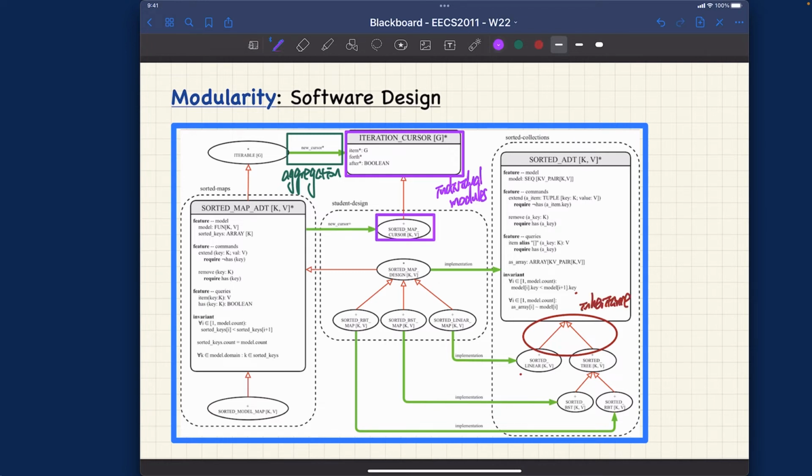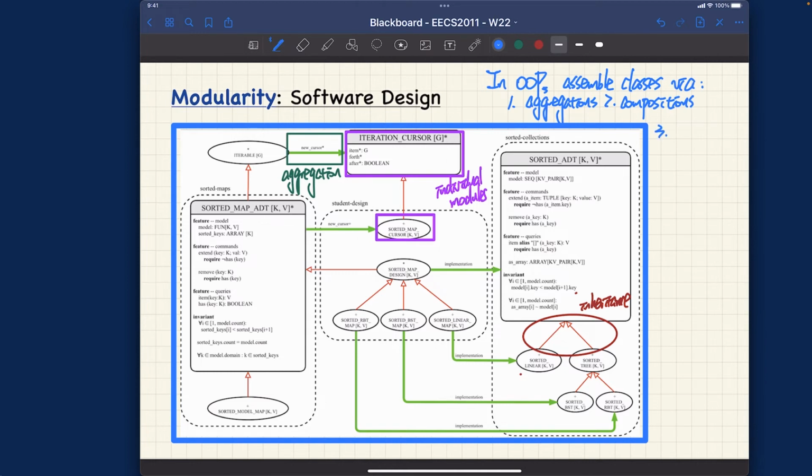Let me just summarize quickly. In OOP, we can assemble classes via these 3 things, which are not new to you. That's something you already learned from the earlier course. Number 1 is aggregation for sharing. Number 2, composition.